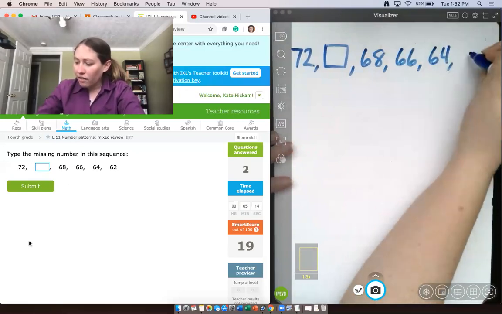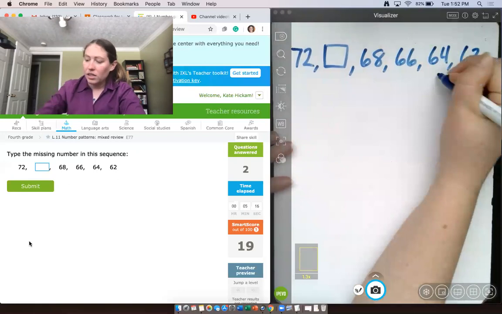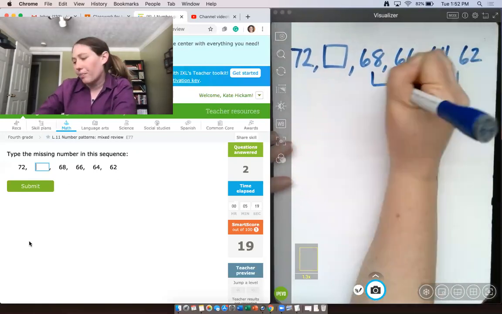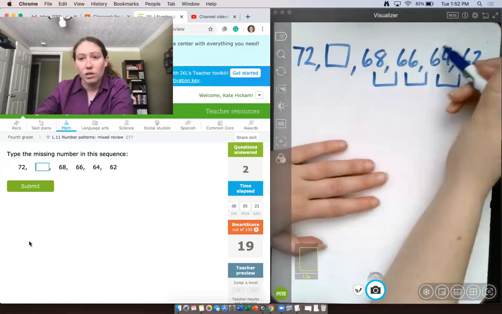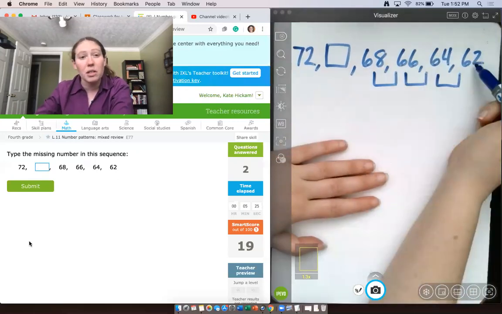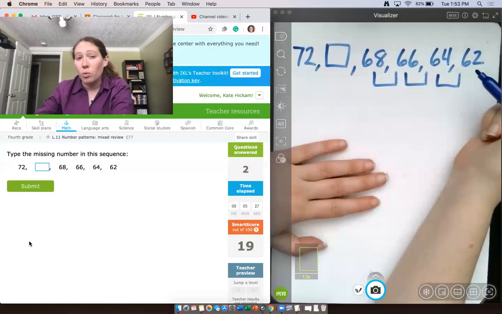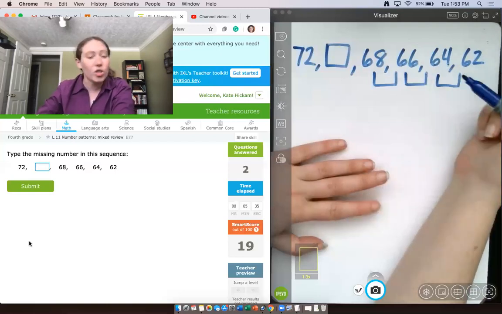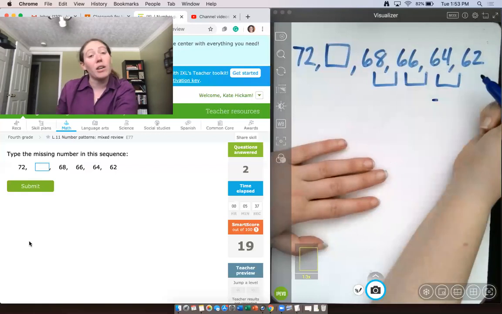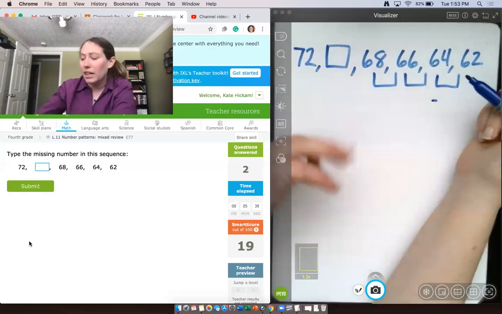So since I have more of these, I'm going to start at this end. So what's the relationship between 64 and 62? Well, first of all, it's getting smaller, so we know we either have to subtract or divide. And 62 doesn't go into 64 more than one time. You'd get a remainder. So we subtract, just like the one that I did last time where I wrote it out to show you. Same idea.